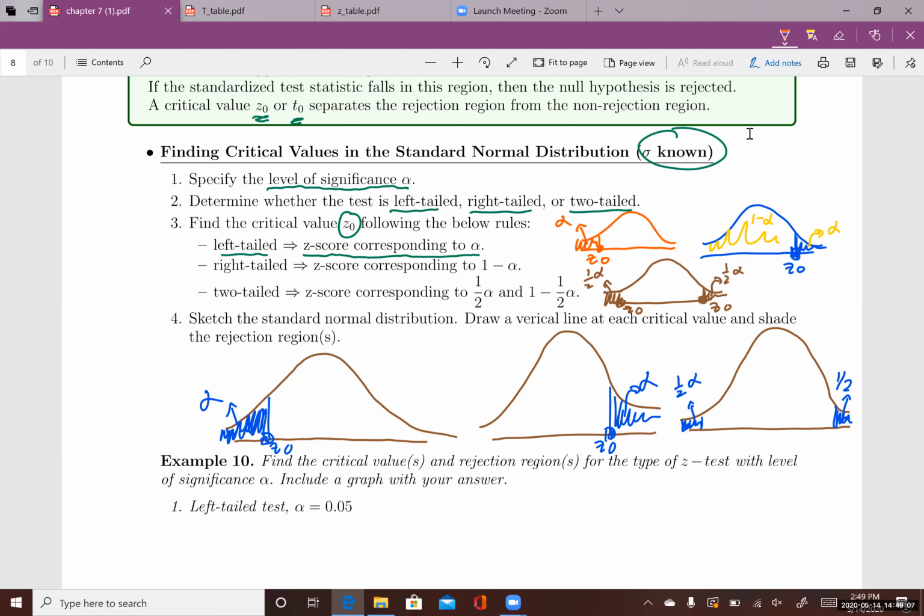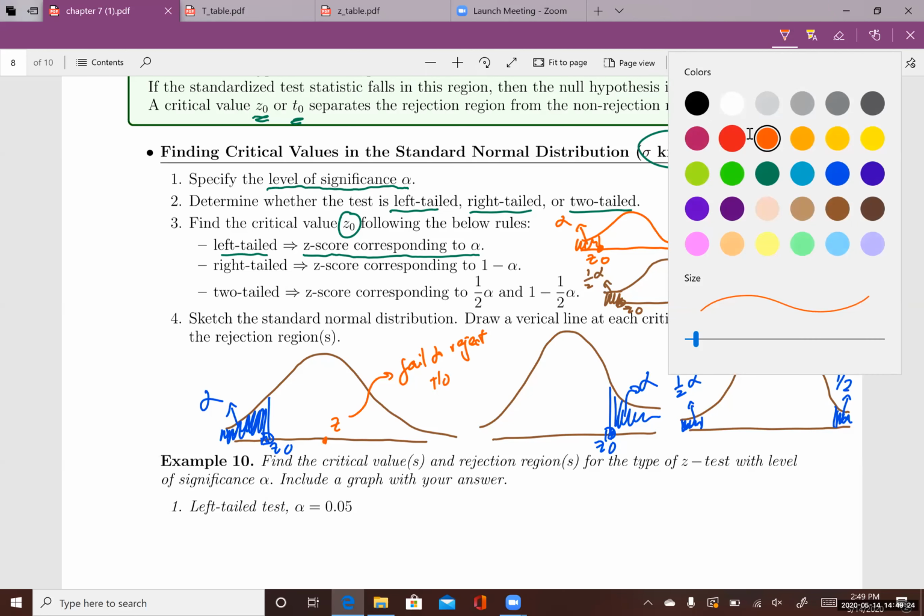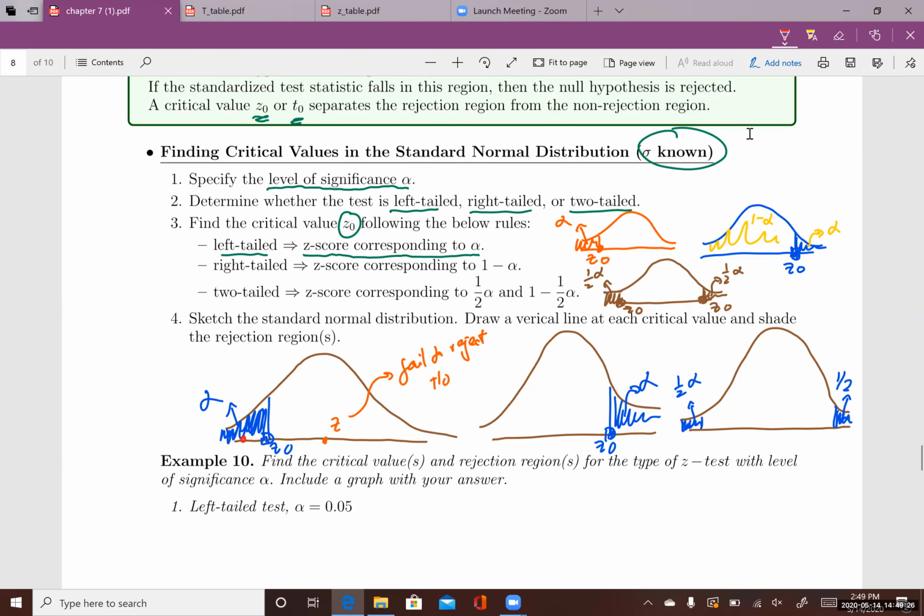So let's say if I found Z is right here, then I fail to reject the null hypothesis, right? But if my Z, the standardized test statistic, is somewhere in here, then my decision is I reject the null hypothesis.